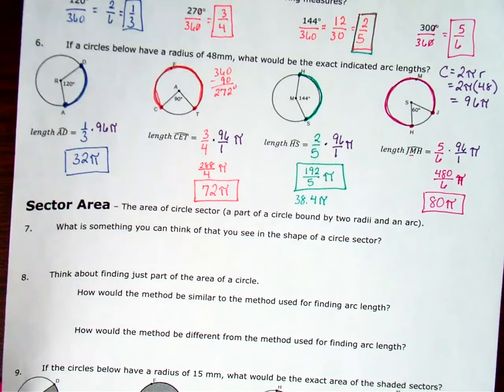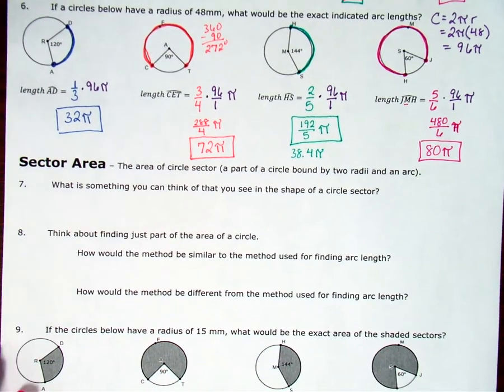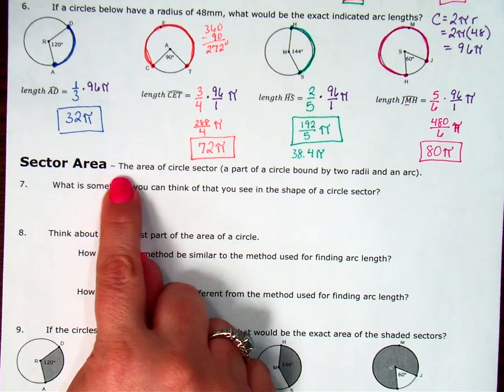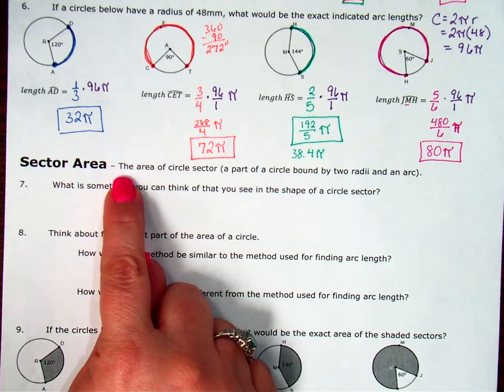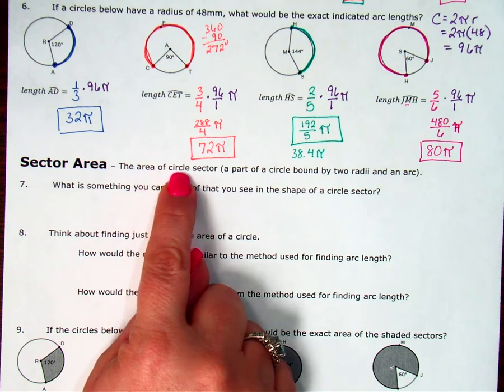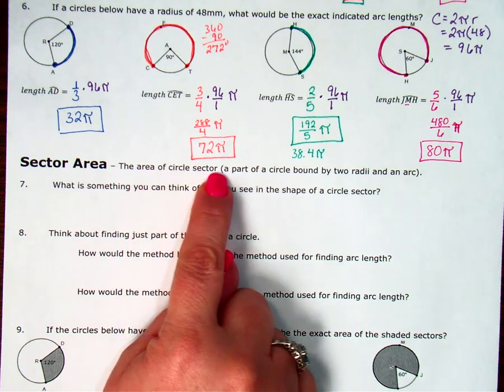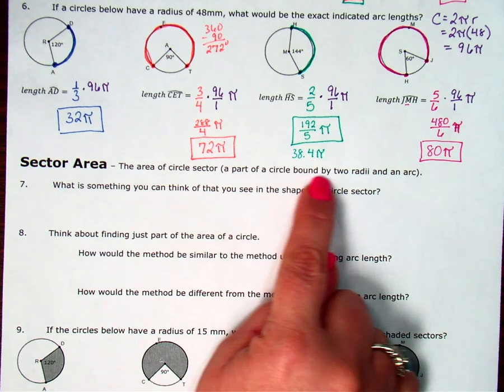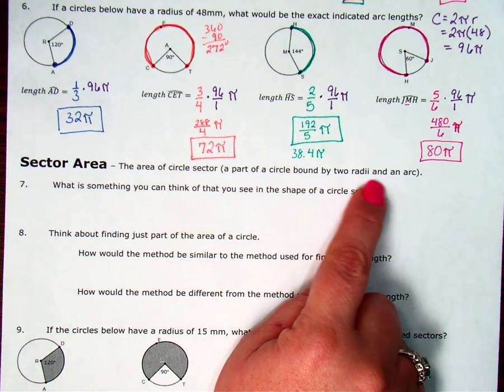In this one, we're going to focus not on the length around the circle, but the area inside the circle. We know the area of a circle is all of the area inside of it, the whole circle. The sector area is just the area of the circle sector, which is part of a circle bound by 2 radii and an arc.